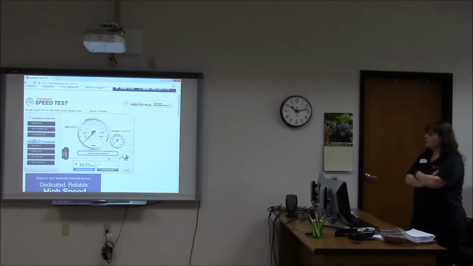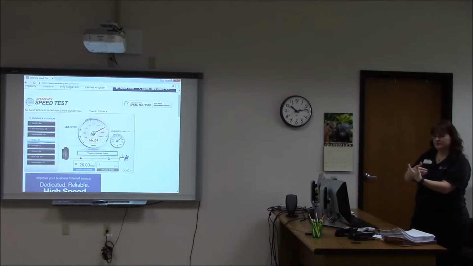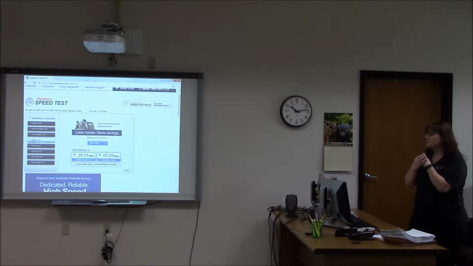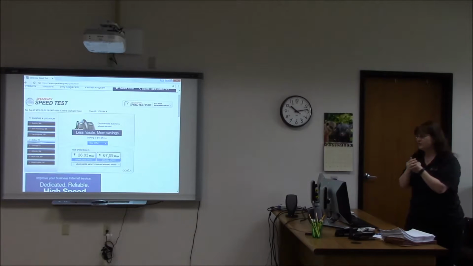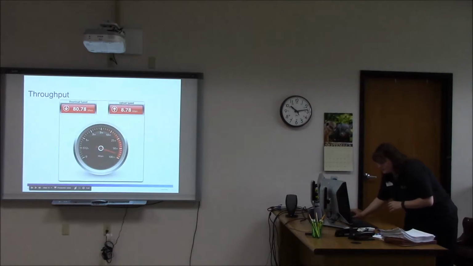So it gives you a little bit more information. And it takes a little bit, so I'm not going to let it completely finish. But it's sending a packet to a server in Dallas, and then Dallas is sending a packet back to us to determine the upload and the download speed. So here we have 26.03 megabits download and 67.09 upload. So that's pretty darn fast. There's another one that I think gives some good information.